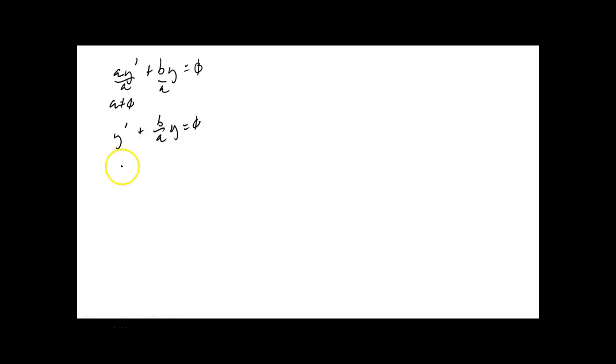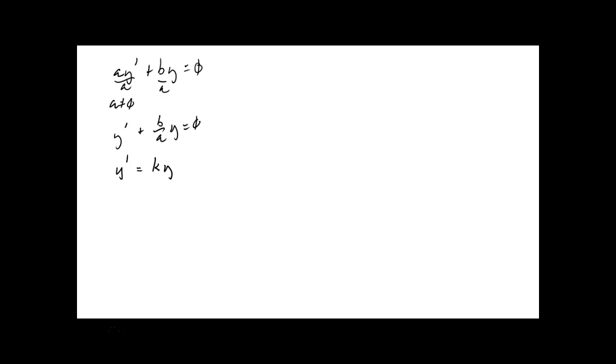Or another way of looking at that is y' = some k times y. If you subtract (b/a)y from both sides, b is a constant, a is a constant, a is not 0, so we can just make it k. So y' = ky.